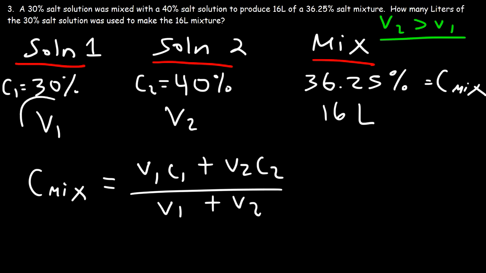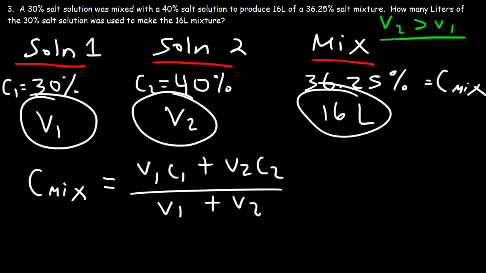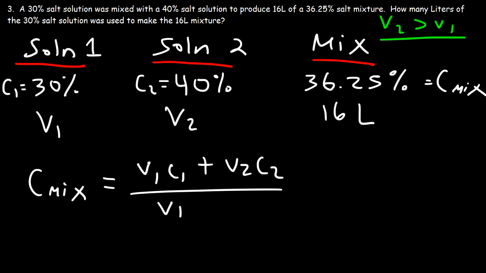Now, when you add the volumes of solution 1 and solution 2, you're going to get the volume of the mixture. So V1 plus V2 is basically the total volume of the two solutions, or the volume of the mixture. Now what we need to do is multiply both sides by the total volume. And so these will cancel. And we're going to get this equation.